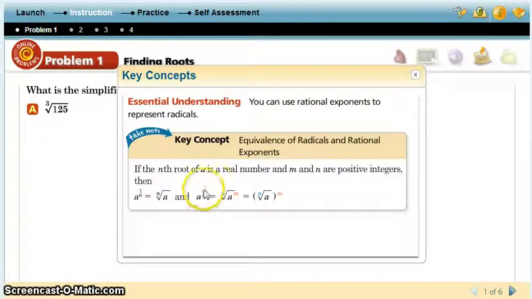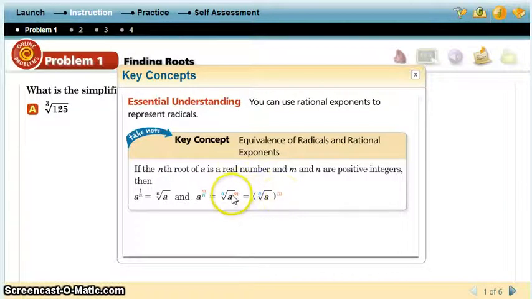Now, with m over n, when you have fractions like 2/3, something like that, the denominator, the n, is still your index. But the m, which in this case was 1, and we know anything to the first power is itself, so we didn't have to put the 1 there. But in this case, if I have an m, that means I have something other than 1. That becomes my exponent on my a, or you can write it and have the nth root of a in parentheses and then raise it to the power of m.